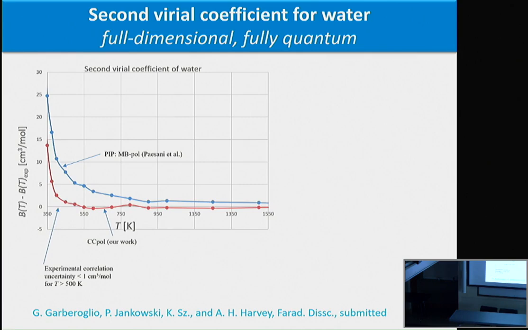And experiment is very accurate above 500K, basically about one wave number, so like this accurate. You can see that this CC-pol potential that we developed is very close to experiment, and the MB-pol potential, a PIP type potential of Bowman et al., also does very well. And again, this is full dimensional, fully quantum.